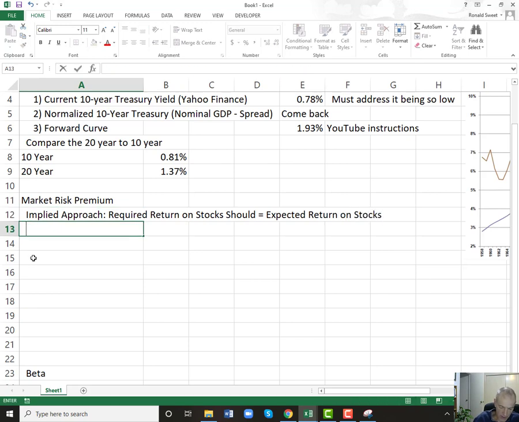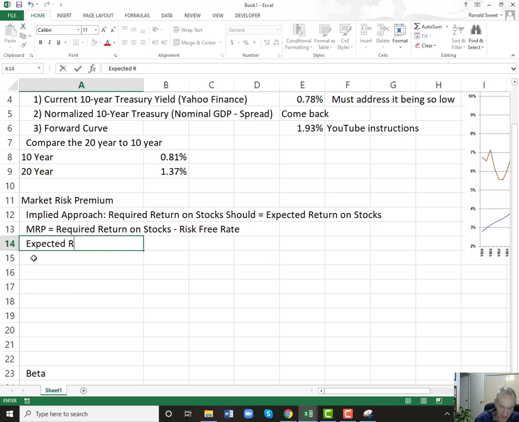We know the market risk premium, I'm going to substitute MRP for that, equals the required return on stocks minus the risk-free rate. So we need the required return on stocks, but that doesn't exist anywhere. There's nowhere for us to go look that number up.